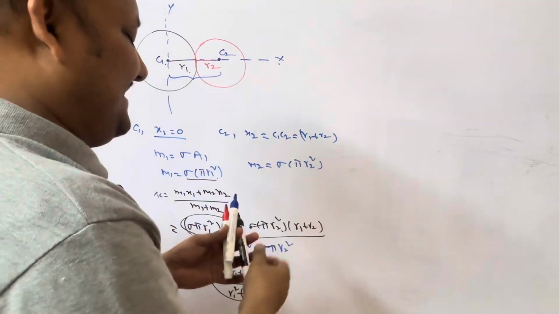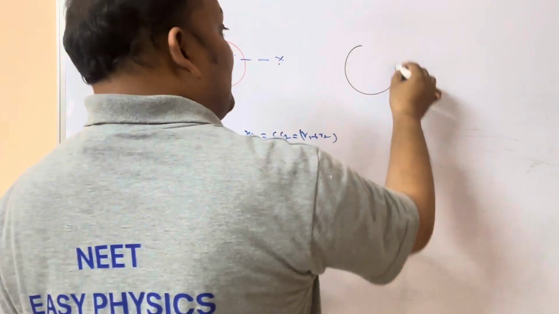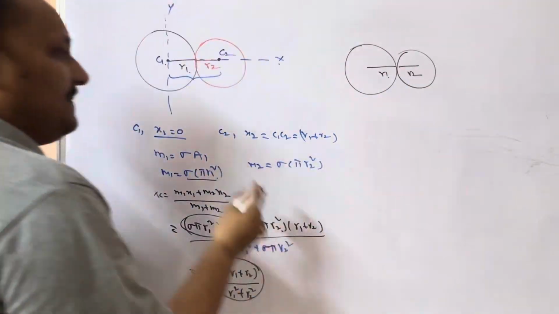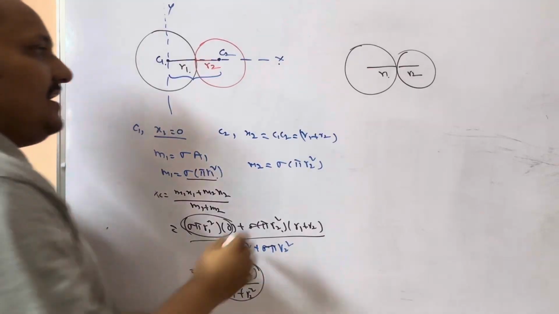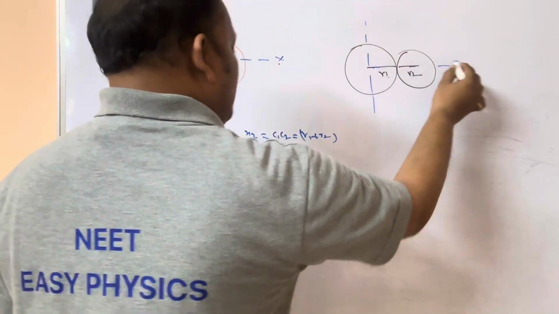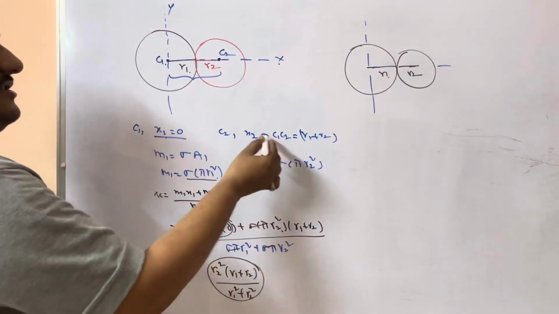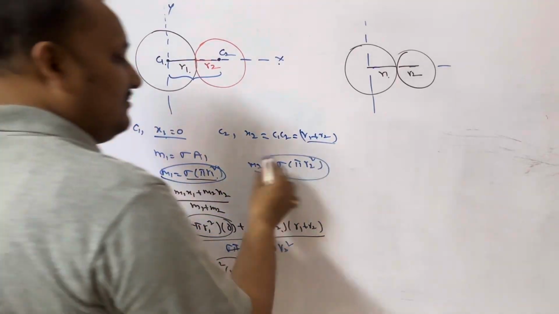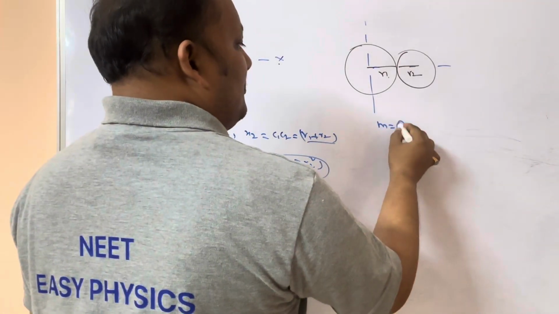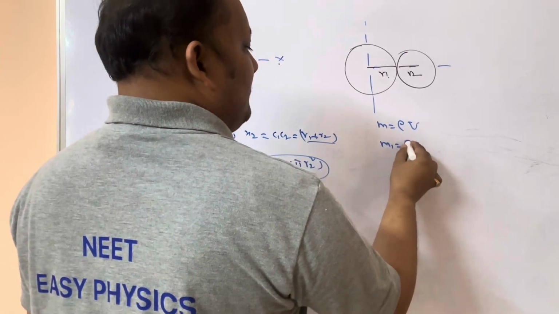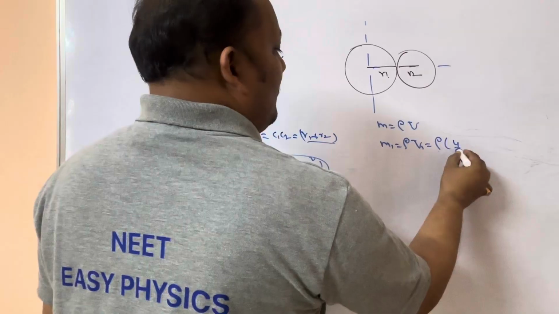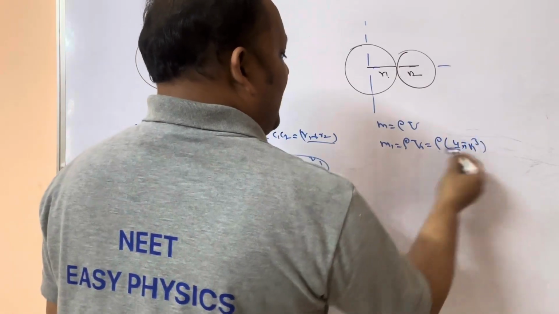In place of these discs, they will give spheres R1, R2. So for spheres, what is the small difference? Again x1 is 0, x2 is R1 plus R2. But mass is going to be written as m equal to rho v. m1 is rho V1, rho 4 third pi R1 cube.